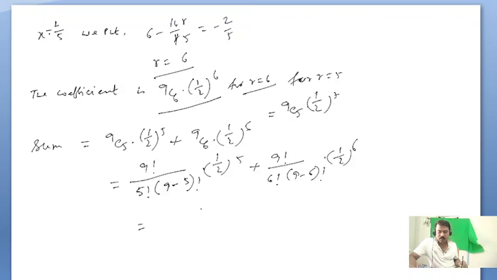After calculating, we get this result, 21 by 4. This is the answer of the question.